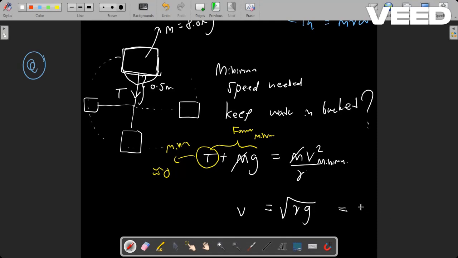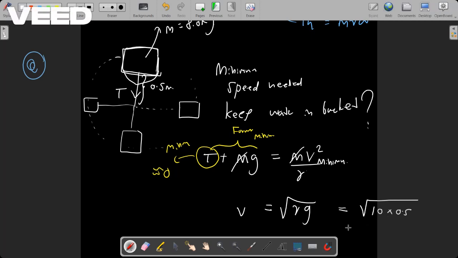Let's say, since it is easier for me to apply, 10 as the gravity, radius as 0.5, square root of 5, approximately around 2.2 meters per second.